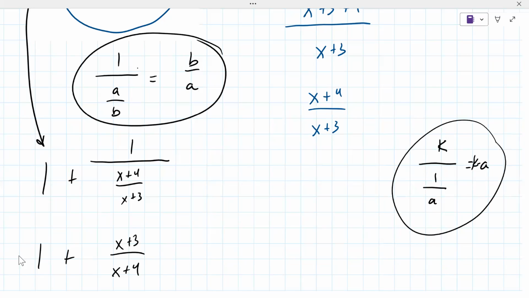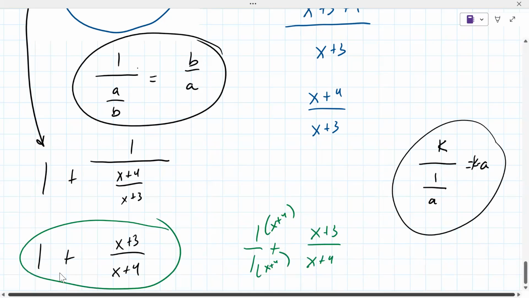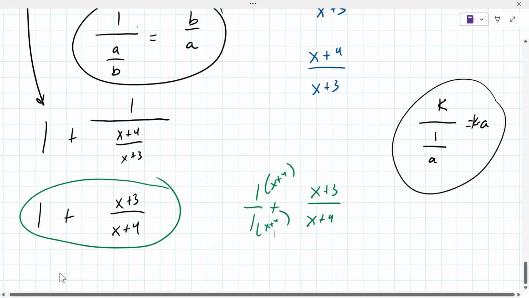So now this right here, I'm going to do in green. This is actually what we started with. It's really 1 over 1 plus 3 over x plus 4. Multiply the top and bottom, so you get x plus 4 plus 3 over x plus 4.